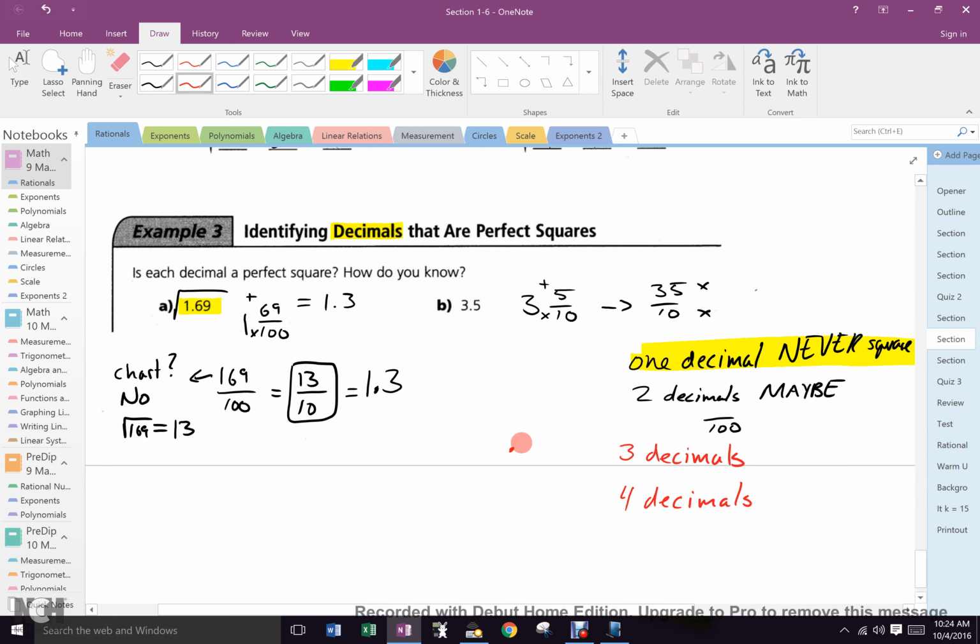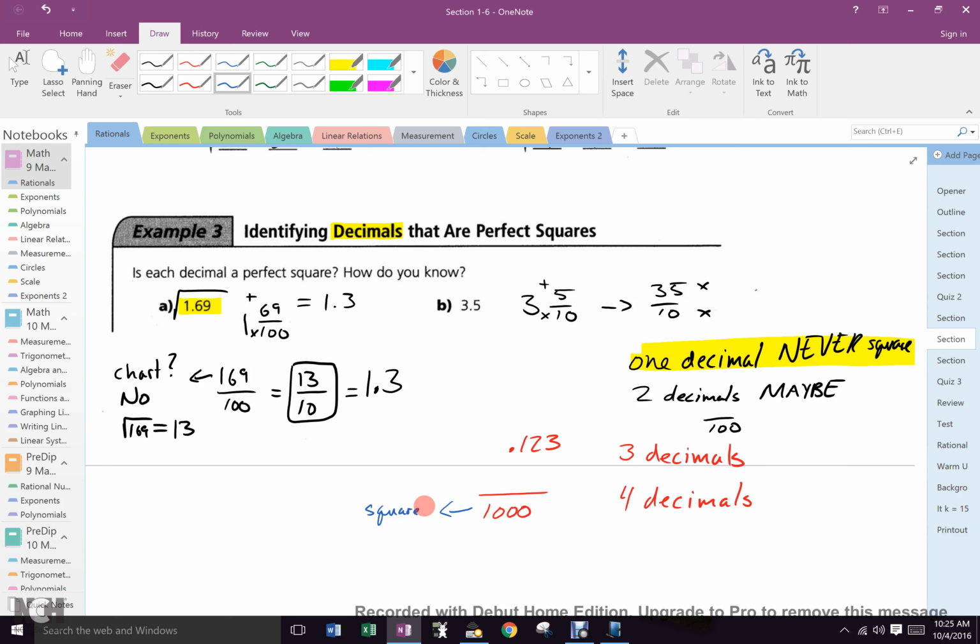Three decimal places would be 0.123, wouldn't it? So when there's one decimal, we were over 10. When there's two decimals, we were over 100. What's three decimals? Over 1,000. Does 1,000 make a square? 50 times 50 is 2,500. 10 times 10 is 100. 25 times 25 is 625.